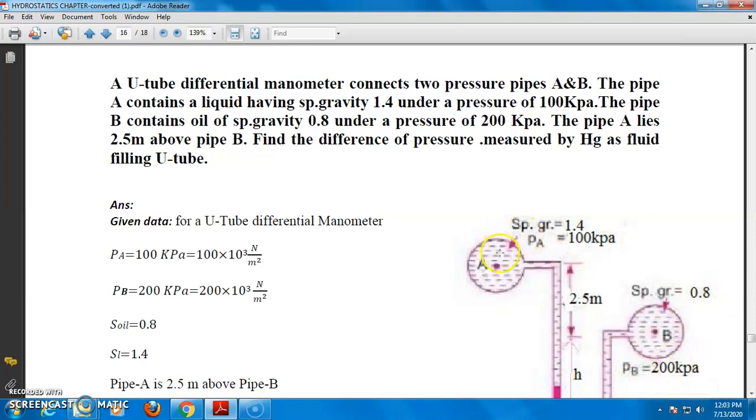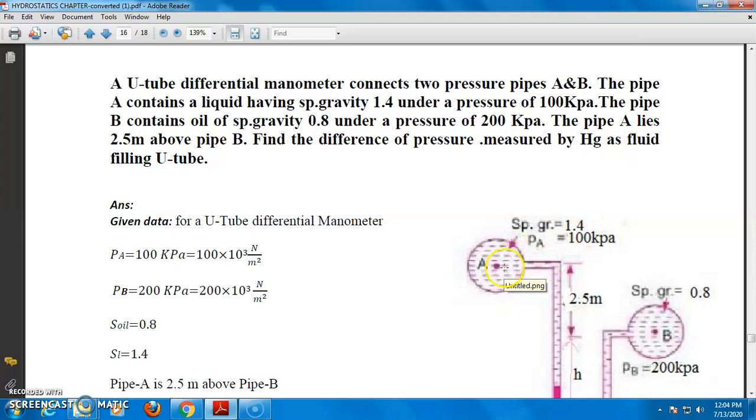In pipe A, the liquid flowing has specific gravity 1.4 and pressure 100 kilopascal. In pipe B, the oil flowing has specific gravity 0.8 and pressure 200 kilopascal. But pipe A lies 2.5 meters above pipe B.